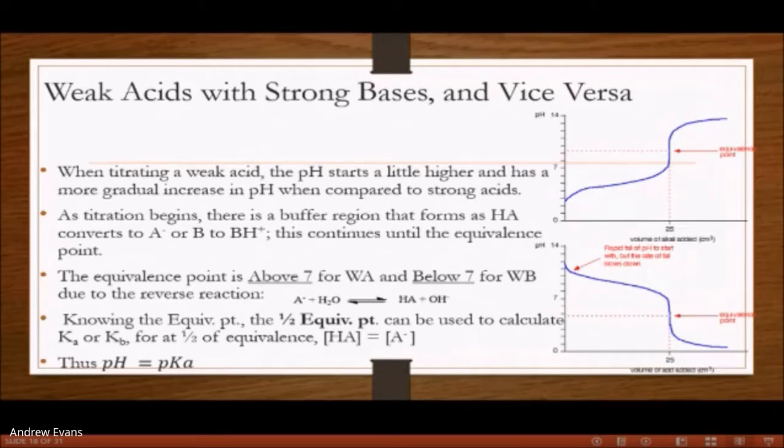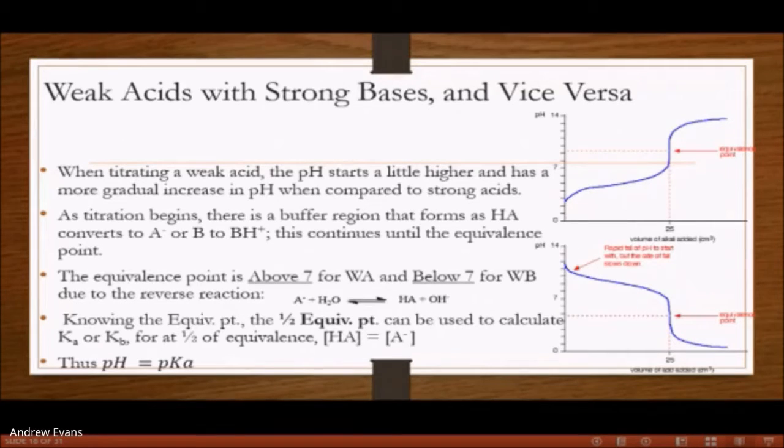The conjugate base can then undergo a reverse reaction: the A minus attacks water to produce some HA and some hydroxide, meaning we are going to produce some small amount of OH minus, so the pH will be slightly above neutral.